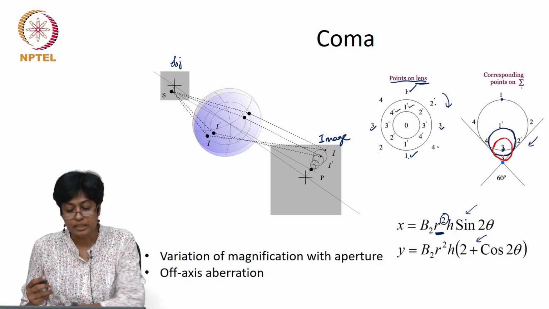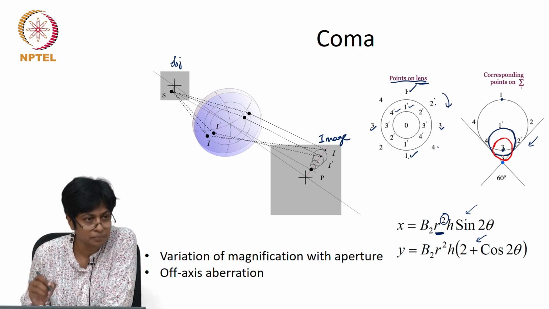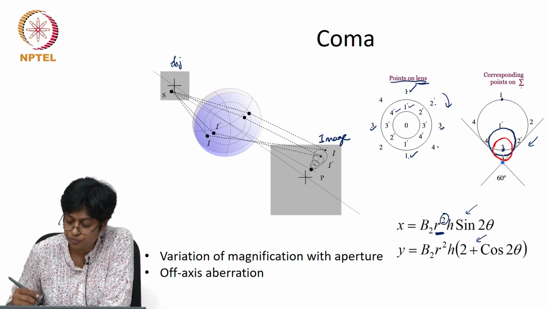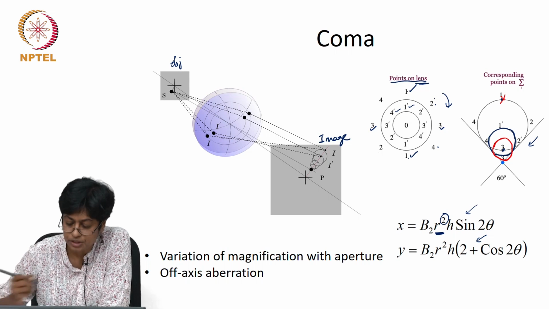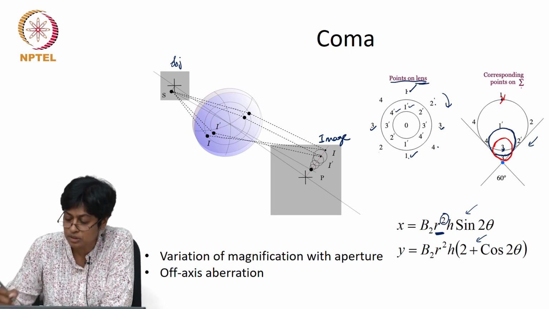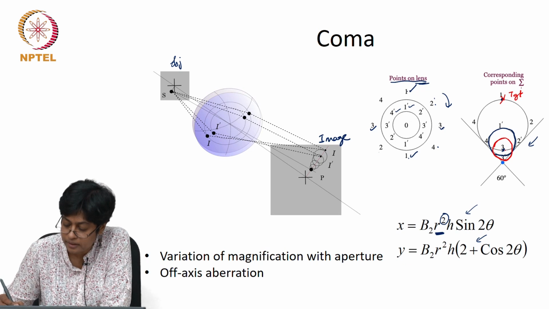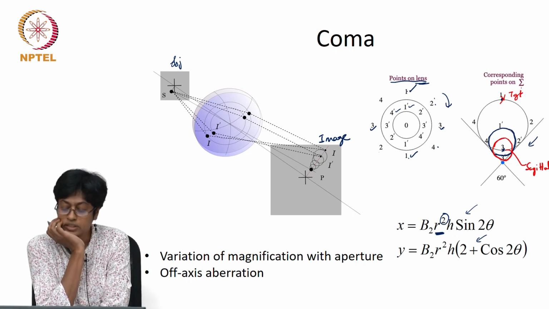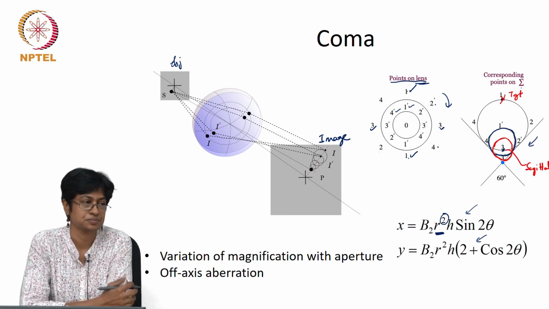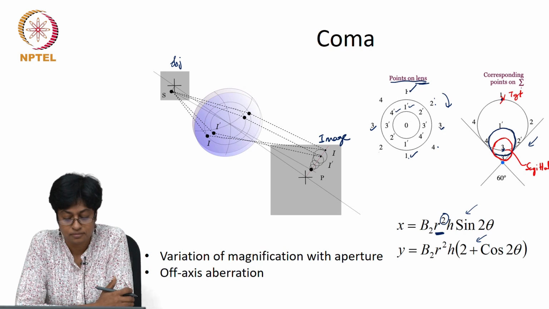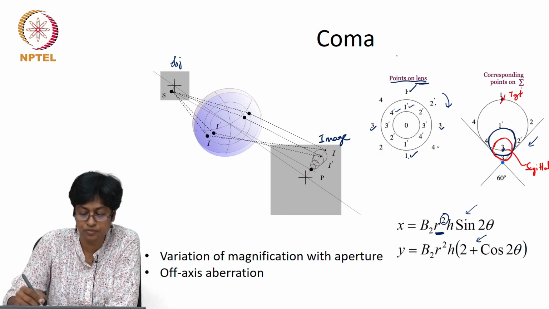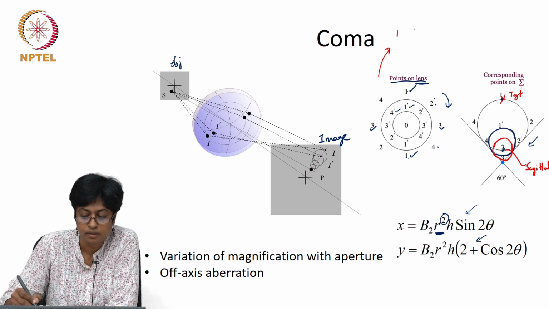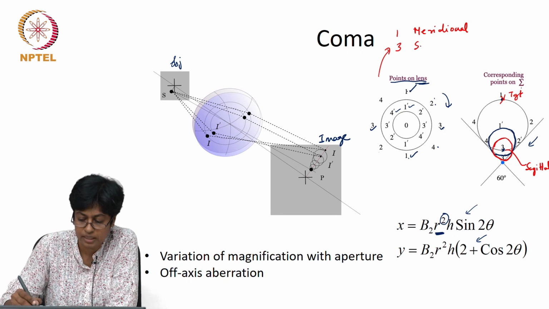Okay. Now, you can see that the tangential or the meridional rays are forming this image, whereas these are the sagittal rays, which are the skew rays of this system. So in this figure, 1 corresponds to meridional rays, 3 corresponds to sagittal rays.